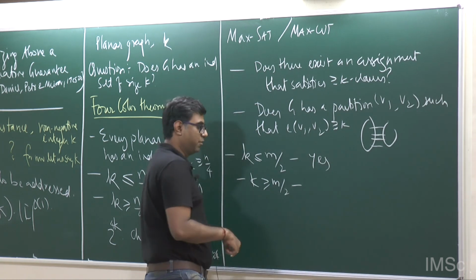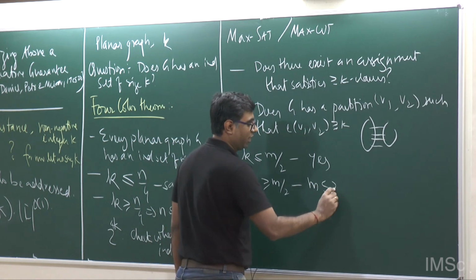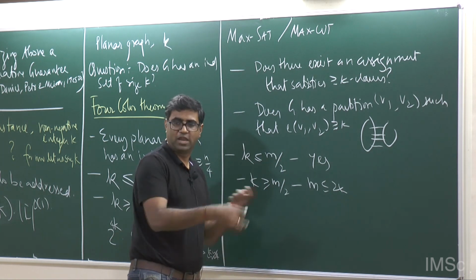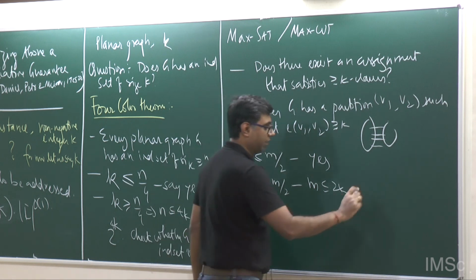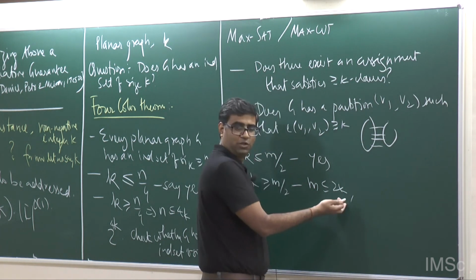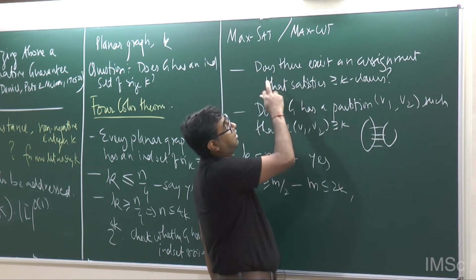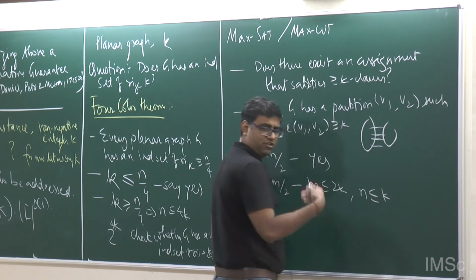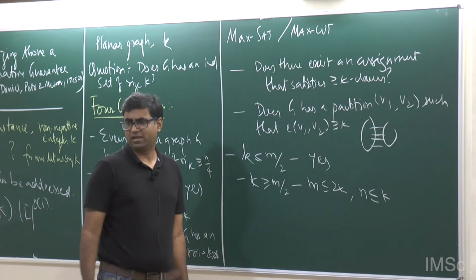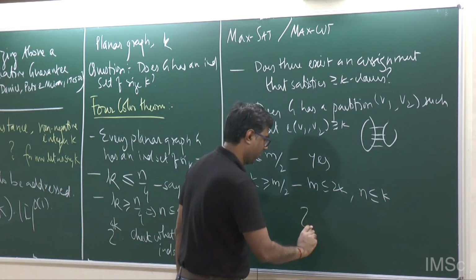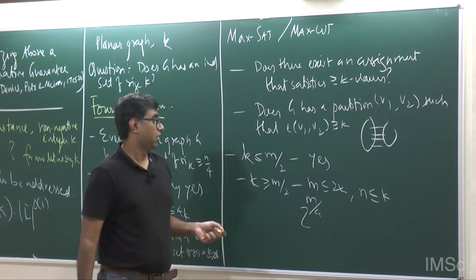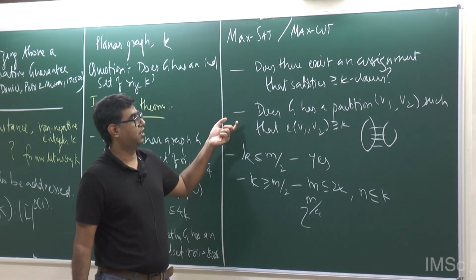If k is greater than or equal to m by 2, m is at most 2k, and you can somehow show that the number of variables is also bounded, so you can try all possibilities. There are also algorithms which run in time 2 to the power m or something, and you can do these things.